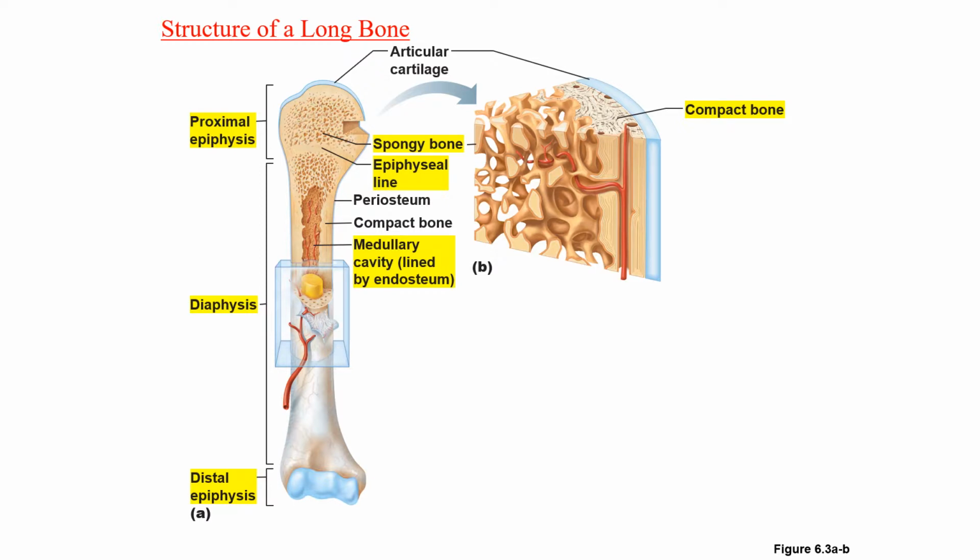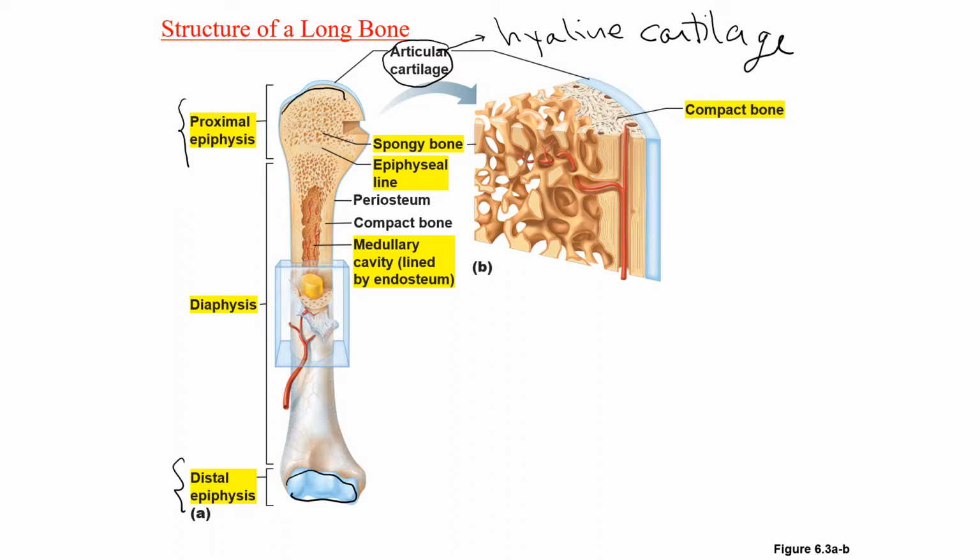The expanded ends of a long bone are called the epiphyses, proximal and distal epiphyses. The surface of the epiphysis is covered with articular cartilage, which is hyaline cartilage structures that cover the ends of long bones where the bone articulates with other bones.